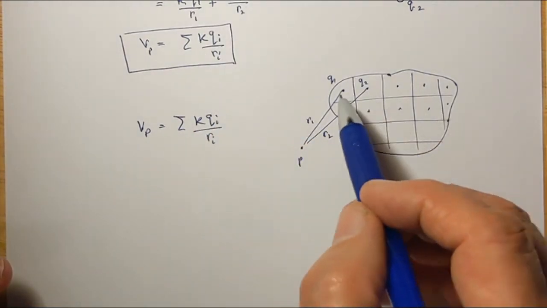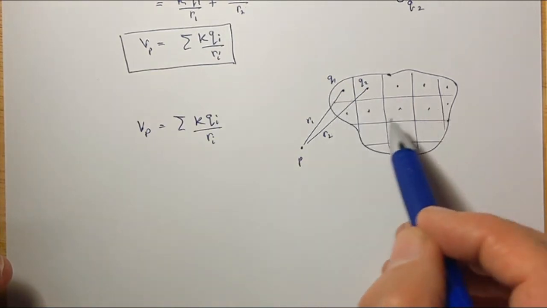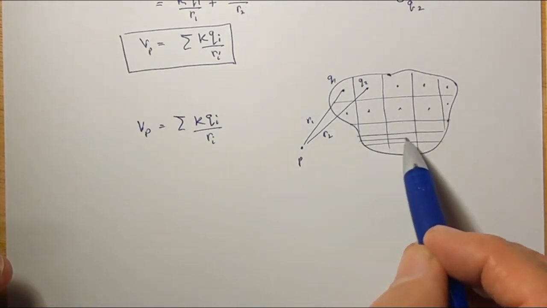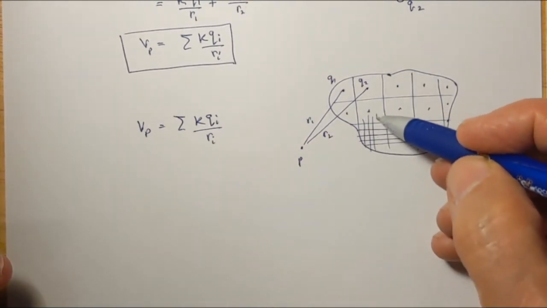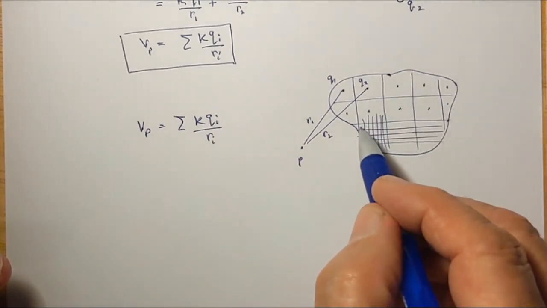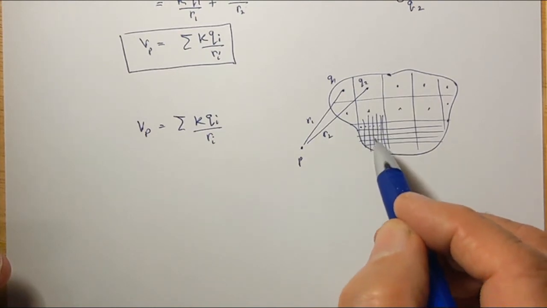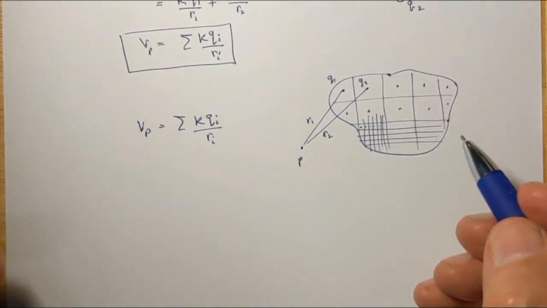Now, to improve the accuracy, we need to divide this into a large number of smaller volumes. So then we'll have tiny little volumes, and the number of volumes becomes very large.